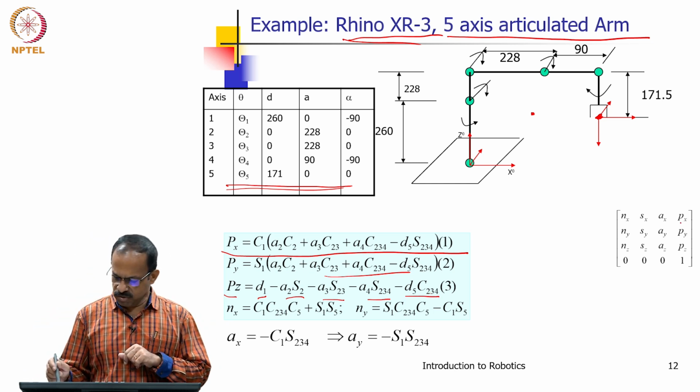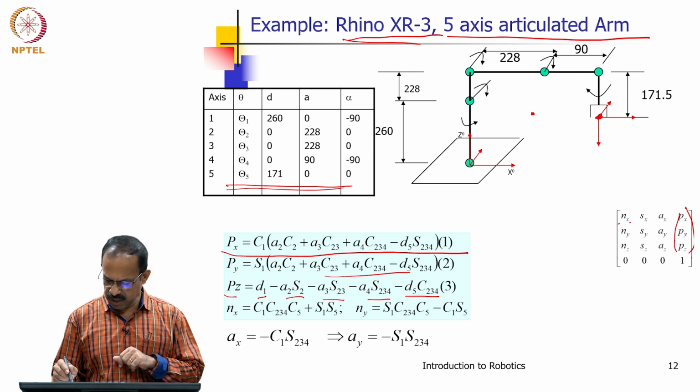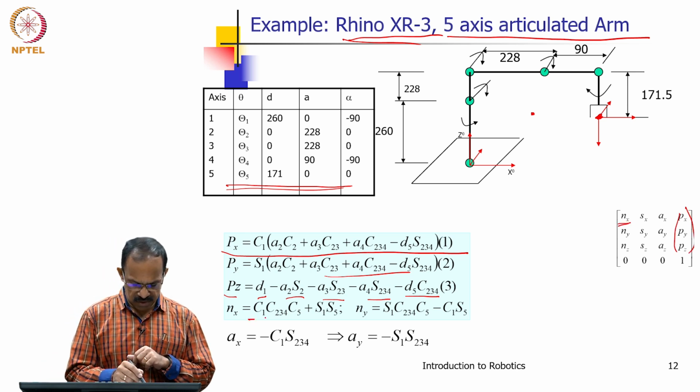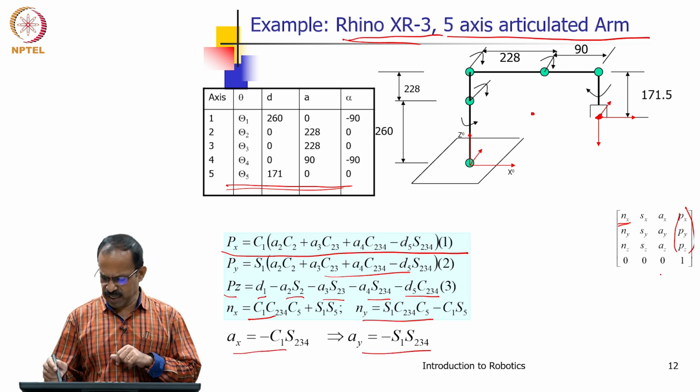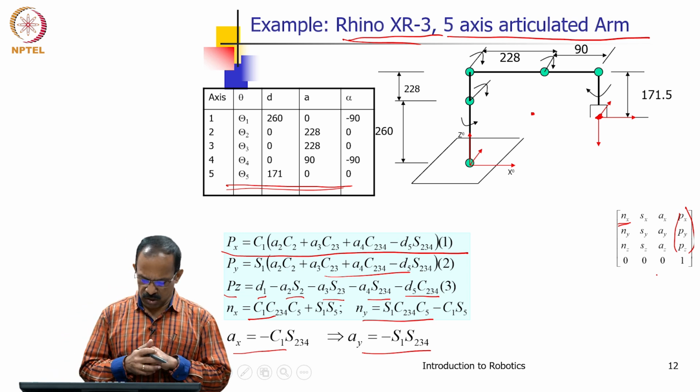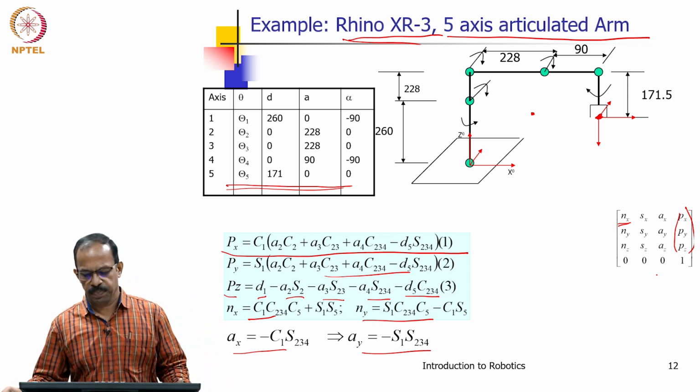And then Nx. So, this is Px, Py, Pz, then you can see Nx is this, Ny is this, Ax is this, Ay is this. Of course, you can get others also from the forward relationship.